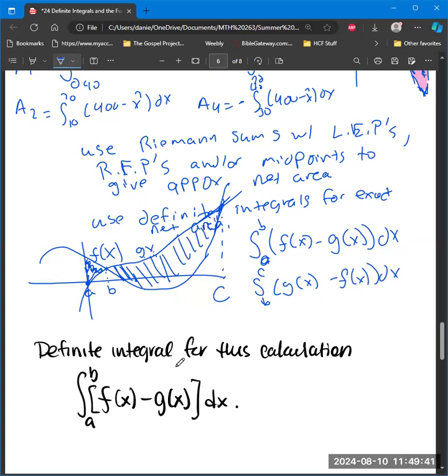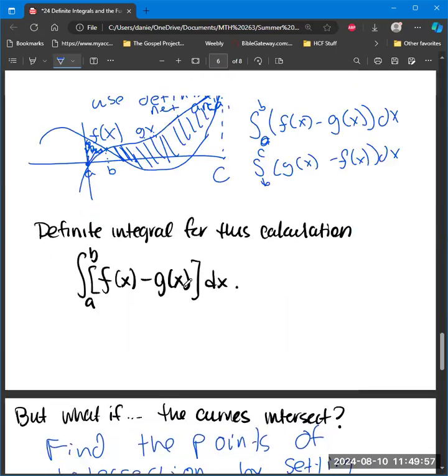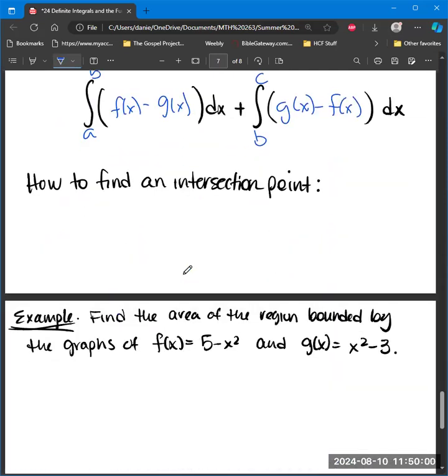So I'm going to have to go from A to B of f of x minus g of x, and then from B to C of g of x minus f of x. And to find the points of intersection, set f of x equal to g of x, and solve for x.